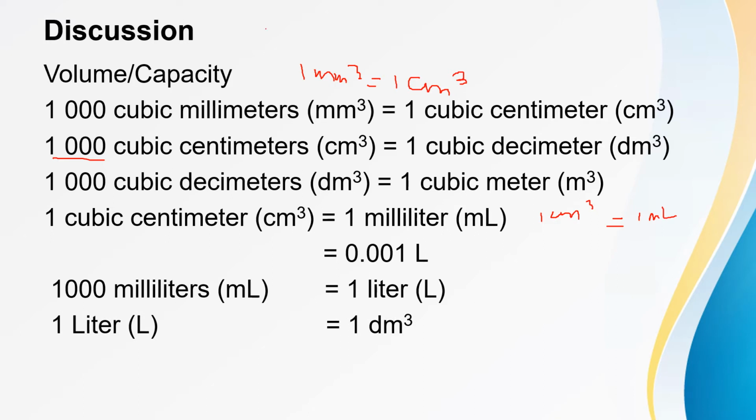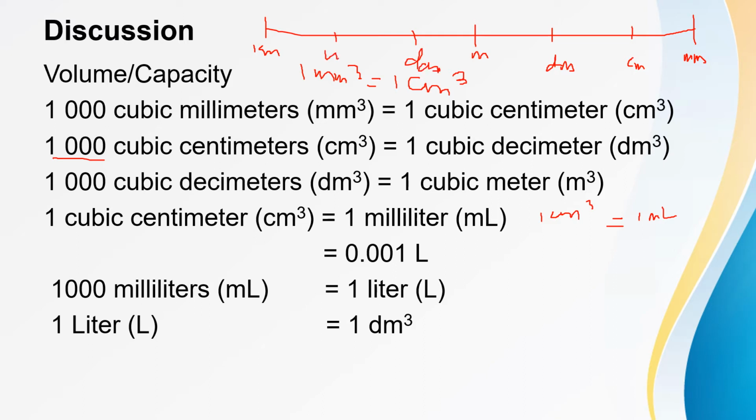Now remember, in volume, if we are going to use the metric converter that we had before, we have here kilometer, meter, and then millimeter. So we have centimeter and decimeter, right? Kilometer, cm, dm, dam, and hm. So you just follow it.